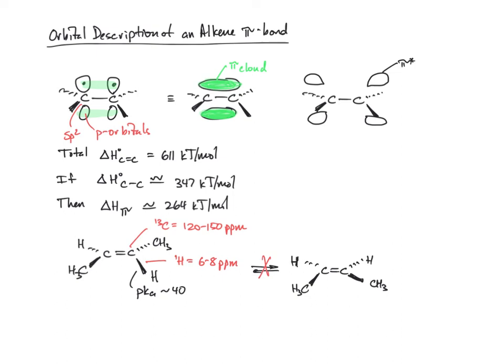So whereas we have free rotation about a normal sigma bond, you do not have free rotation about a double bond, again, because this contribution of 260 kilojoules per mole of energy to that bond prevents rotation about that bond. So you either have to chemically break that pi bond to get rotation, or you have to put light or heat into this to make it rotate. So it does not spontaneously happen. So that's why you can tell the trans from the cis using these different methods.